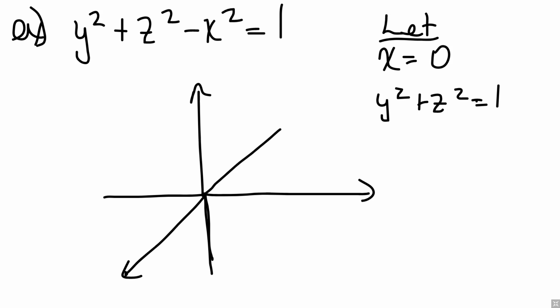What plane? Yeah, it's going to be in the YZ plane and it has a radius of 1. So, and let me switch colors here. So 1, 1, 1, 1, connect. So there's our circle. Okay.